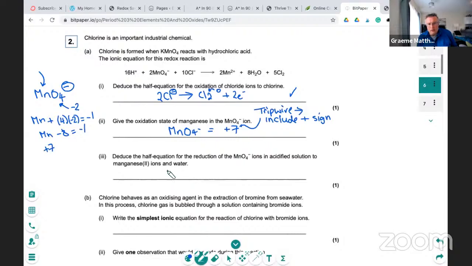Okay, MnO4 minus. Now, chemists, there's a few you just got to know how to do. And in year 13, you do titrations, you do redox titrations as well. And the manganate 7 ion is the one that you'll use. And so you'll see this half equation all the time.